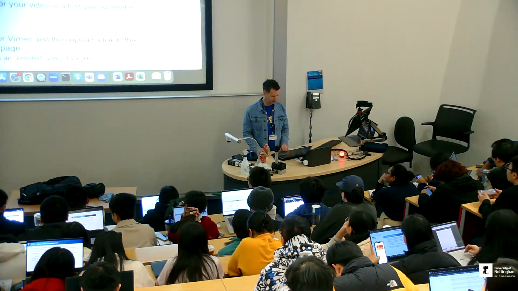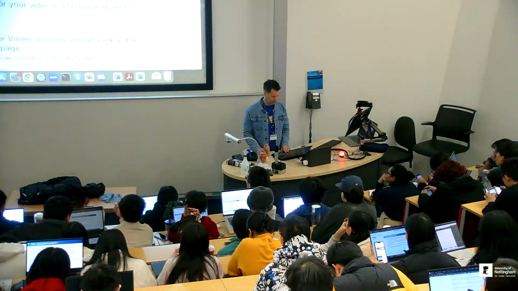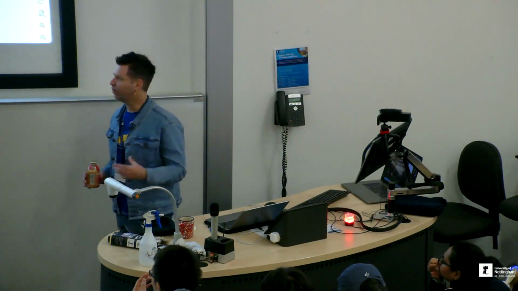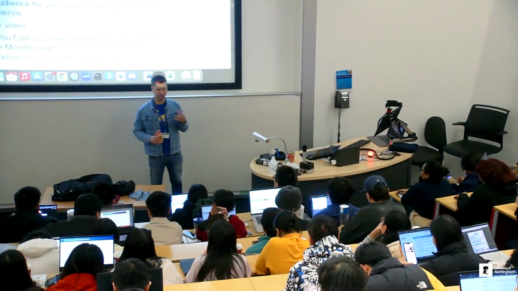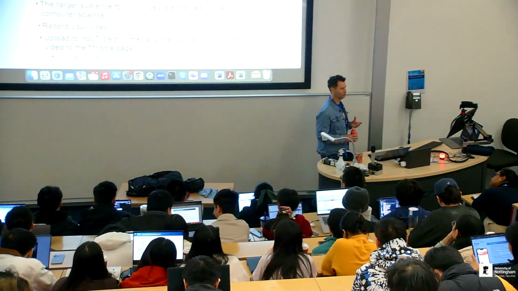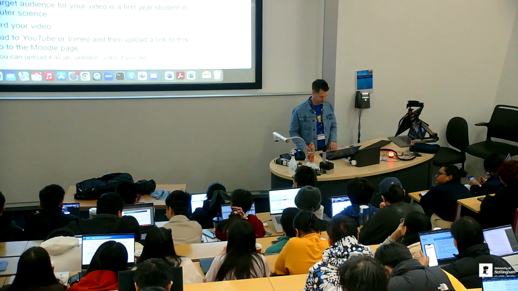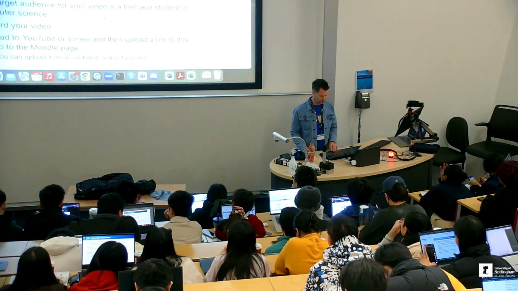So you find a research paper written by a researcher in the School of Computer Science. You present the ideas in that paper as a 2-minute video. In the upcoming weeks, we will have lectures and workshops that develop the skills you need to succeed in coursework 1. The target audience of your video is a first-year student in computer science.